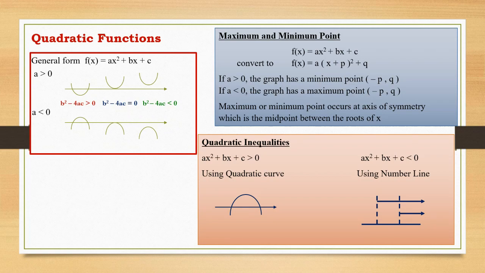So let's say I'm giving this question, I say it is greater than 0. Greater than 0 means above your x-axis. This is your x-axis. So greater than 0 means above the x-axis, which means you're shading this region.